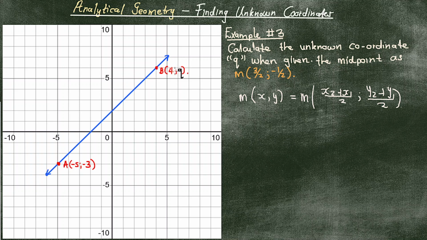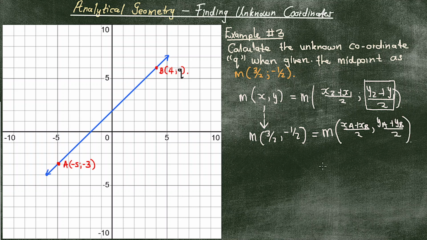Since OQ is the y coordinate, we will focus on this part of the equation. We are given the midpoint, which is 3 over 2, minus 1 over 2, equal to M, open bracket XA plus XB over 2, then YA plus YB over 2.